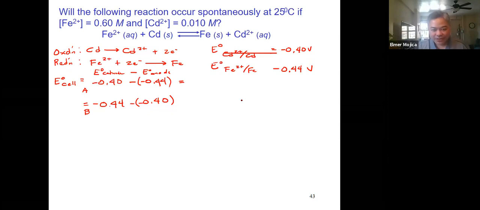Remember, what is the cathode here? The cathode is your Fe. So the one that is Fe is the 0.44. Okay? The oxidation, that's your anode. So you end up with what? What's the answer that you get here? 0.44 minus negative 0.44. So you have negative 0.04. Convinced?